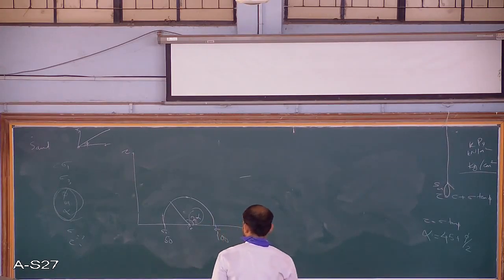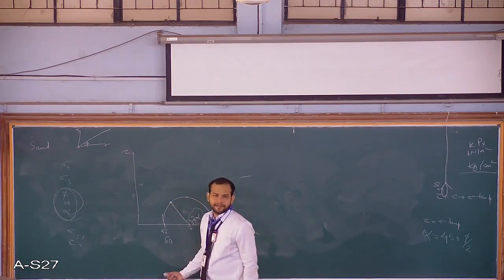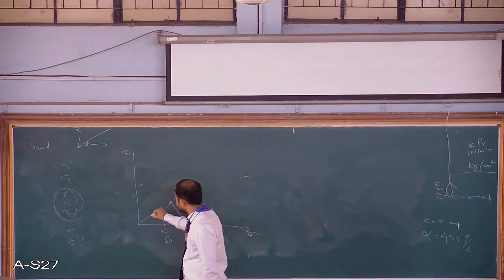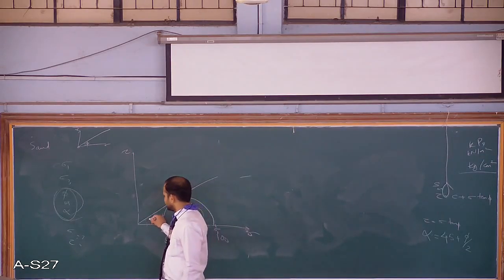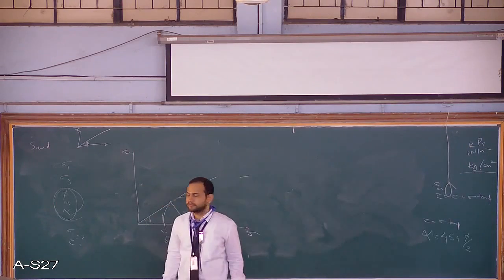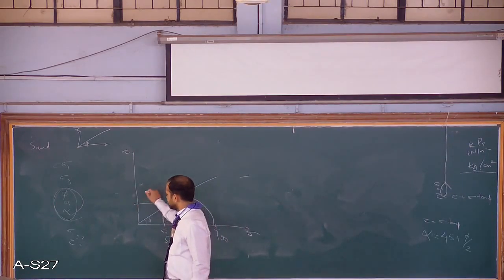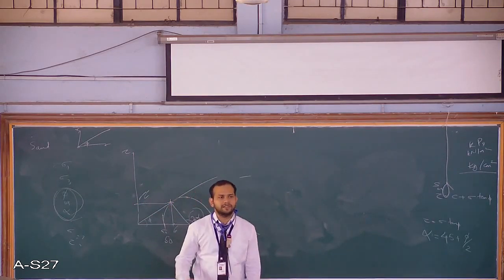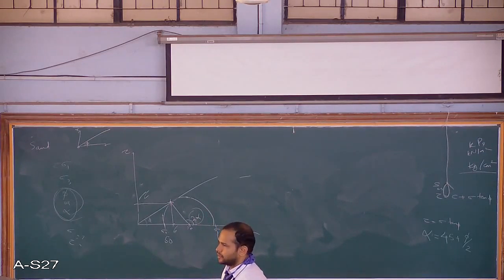Where it touches is your failure point. So if it is a pure sand, you just draw the tangent, you will get this phi. And this point is what? This is your sigma and this is your tau. That's it. You have the answer. Okay, any doubts? So that is another way of solving it in the reverse manner.